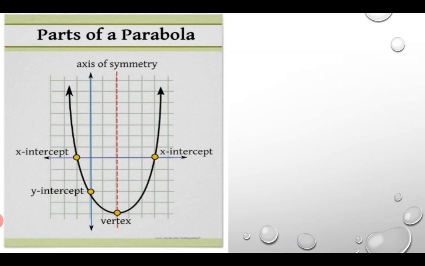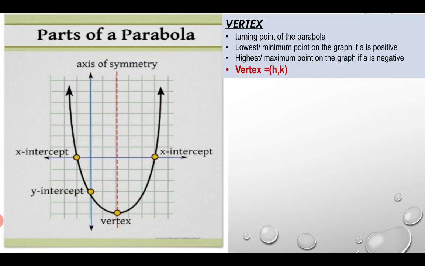So what are the parts of the parabola? First, we have the center, which is the vertex.